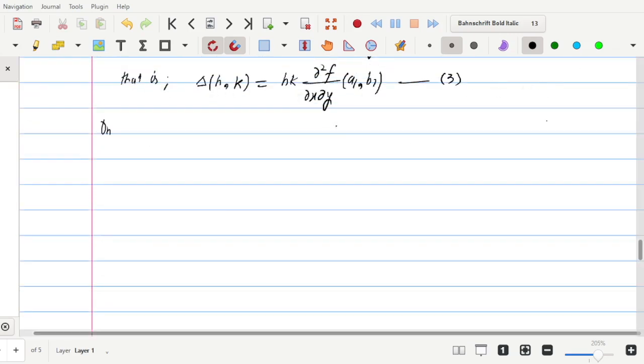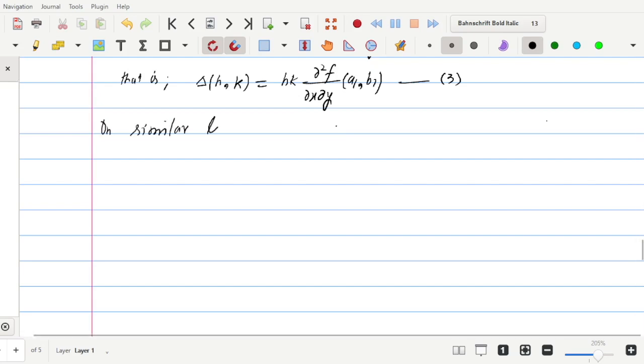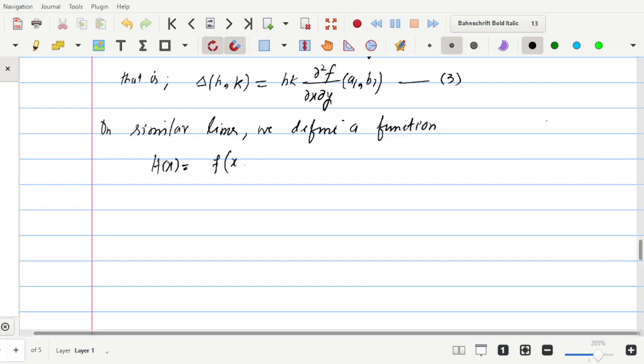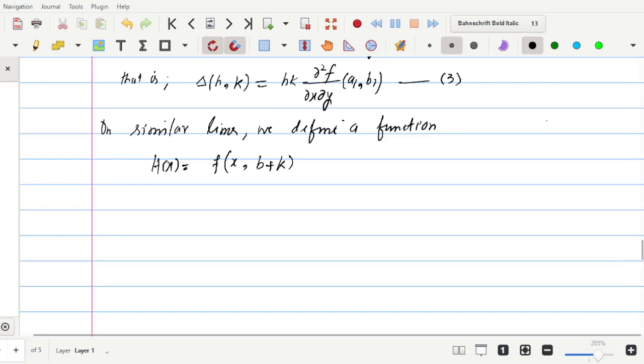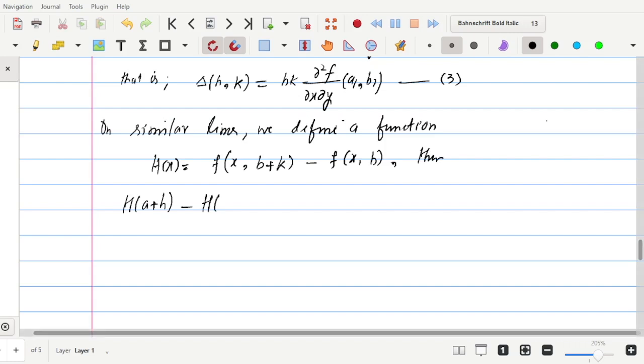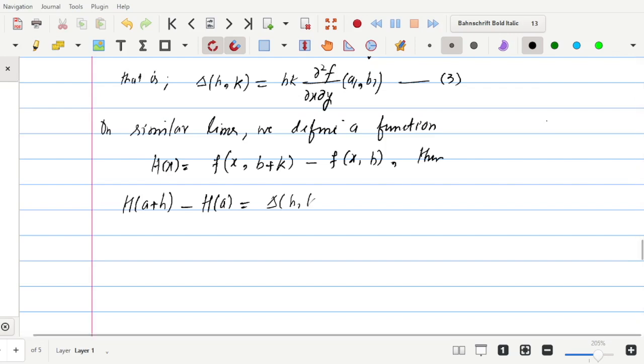On similar lines, we define a function h of x, which is defined as f of x comma b plus k minus f of x comma b. Then again h of a plus h minus h of a will be equal to delta of h comma k.